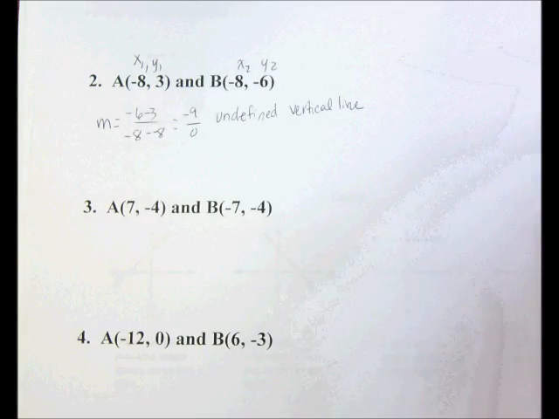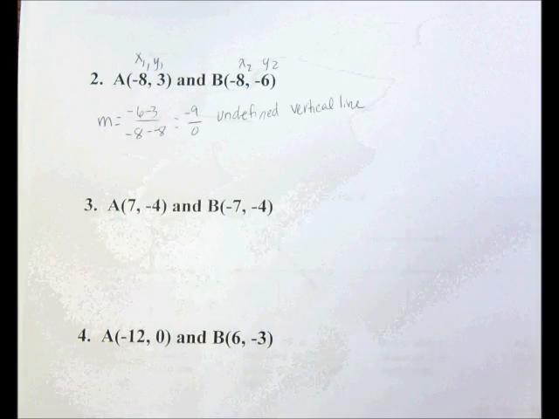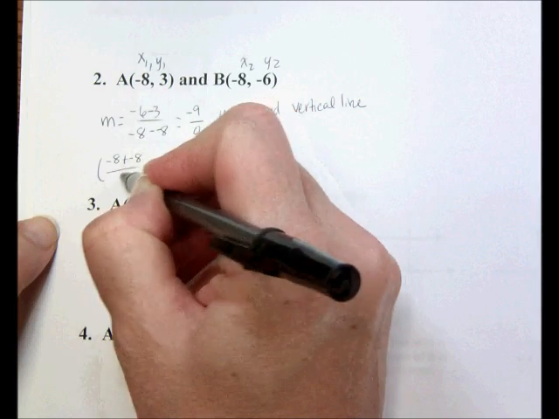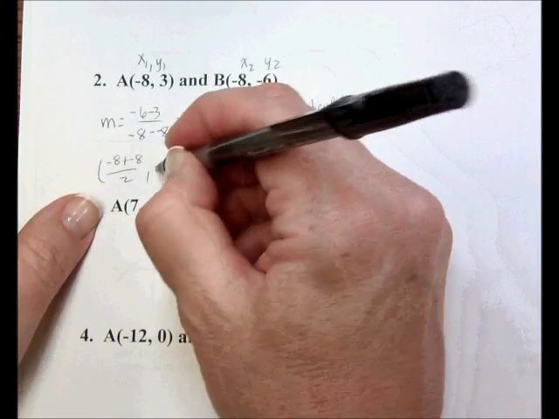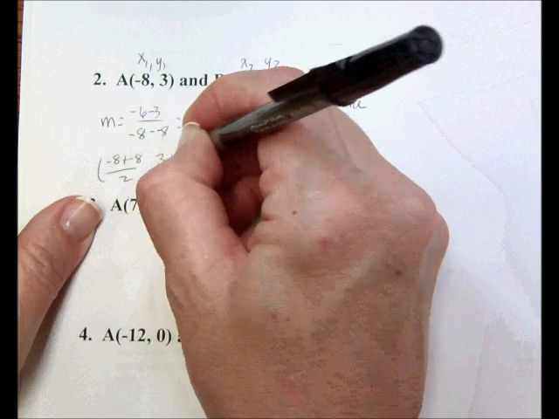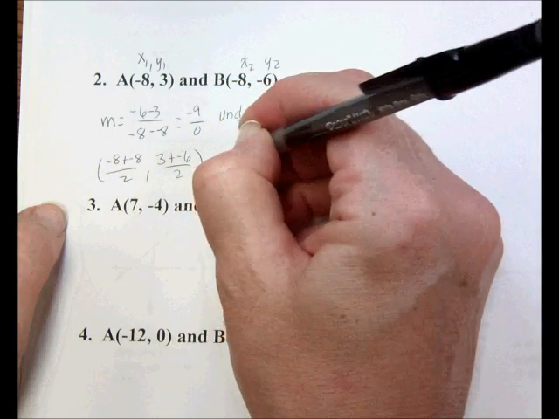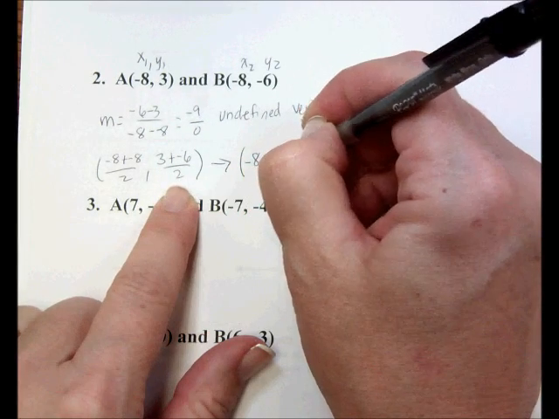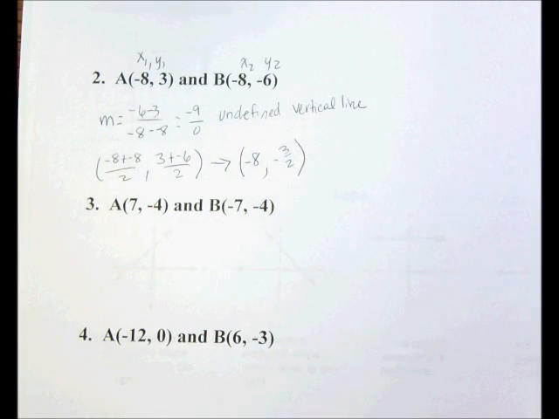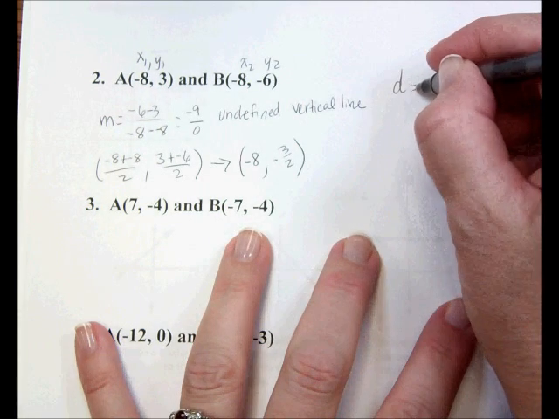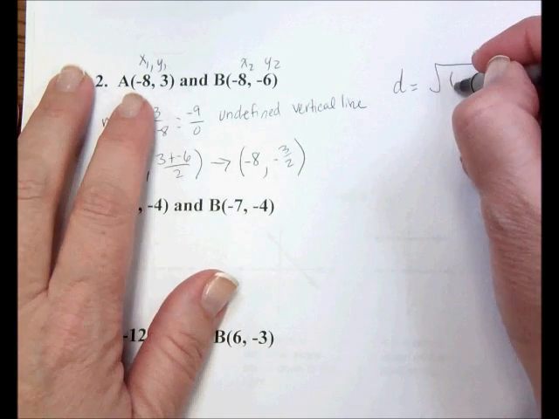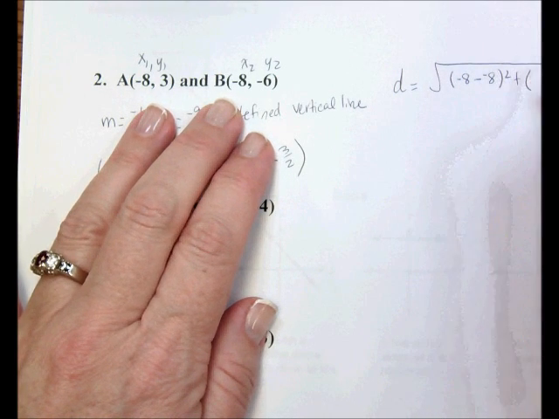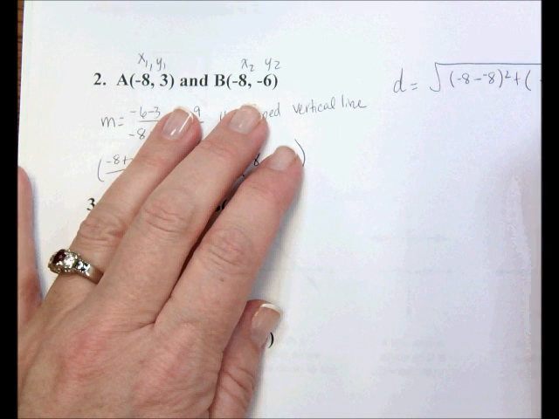The next thing that I'm going to do is I need to find the midpoint, and I add my two x's, negative 8 plus negative 8 divided by 2, and I add my two y's, 3 plus negative 6 divided by 2, and so my midpoint becomes negative 8 and negative 3/2. Then I find the distance, and it's the square root of negative 8 minus negative 8 squared plus negative 6 minus 3 squared.